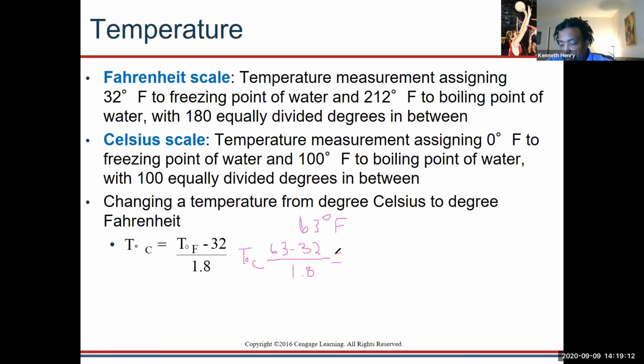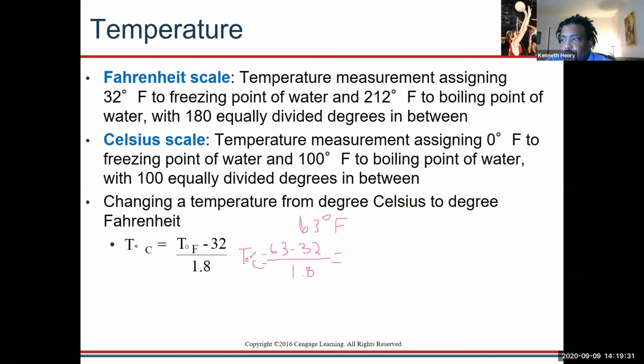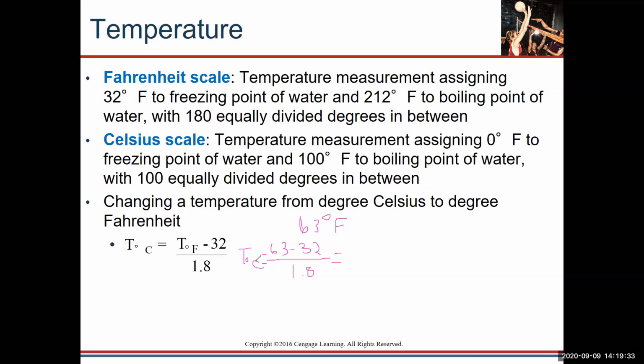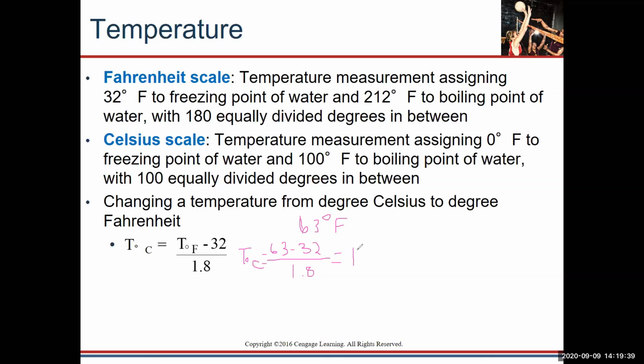What do you guys get? What's that right next to the T? This right here, that's degrees Celsius. Oh, okay. Thank you. I forgot to put the equal sign. So what do you guys get? 45.2222?